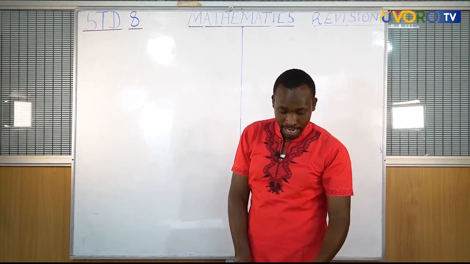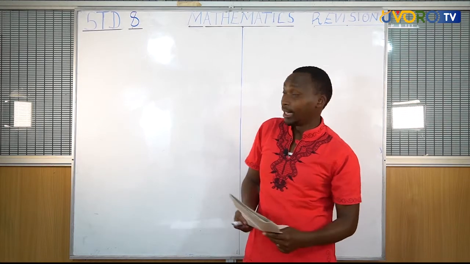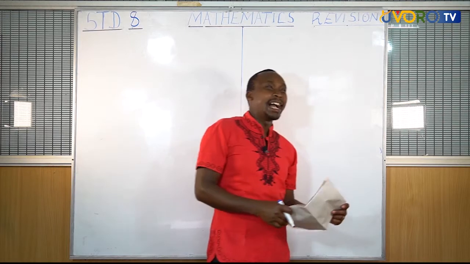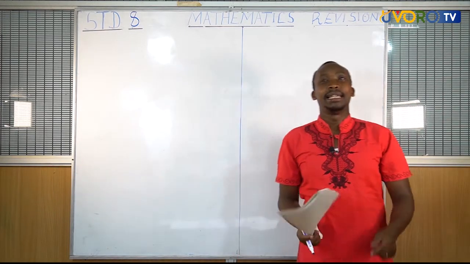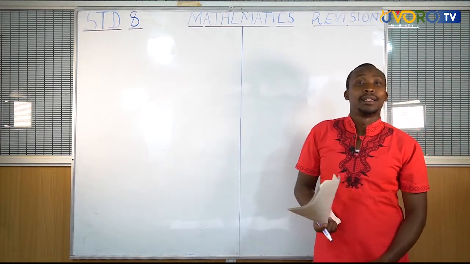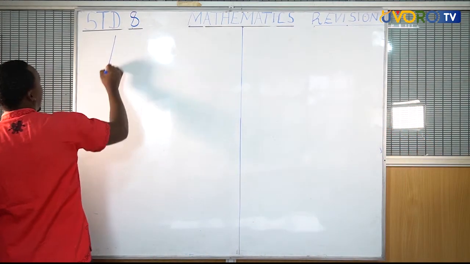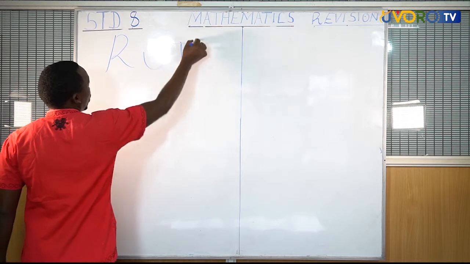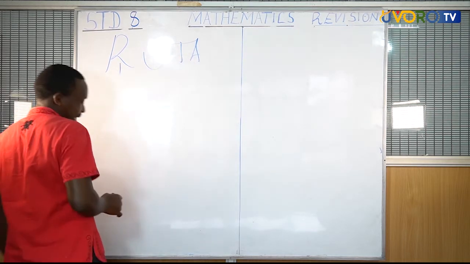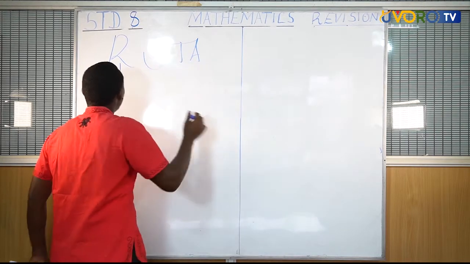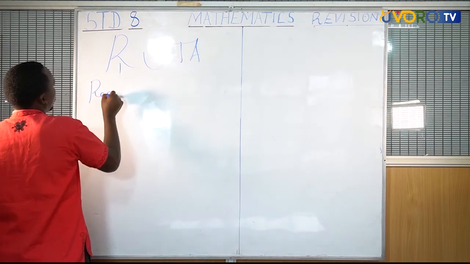Last time we had a formula that we were using. Somebody to remind me, class 8, come on. Yes, very good. That was RUTA. So, what was R standing for? That was reading. Very good.